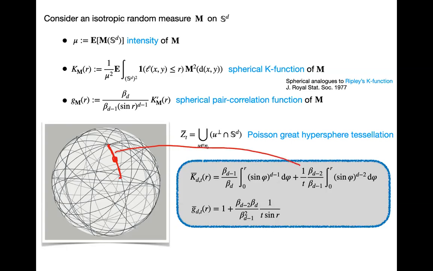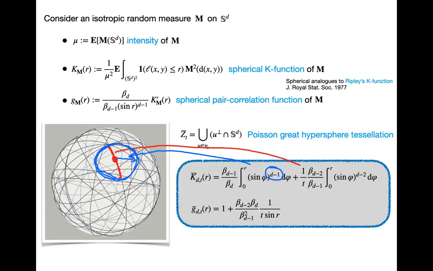And the first term comes from the following. If you have a Poisson process, you can sample independently a new Poisson great hypersphere tessellation, and then you look at what happens around your point in a spherical cap of radius r. This is exactly what happens here. This is why there is a factor d minus 1 here, because you have a d-dimensional spherical cap that you blow up around your point.